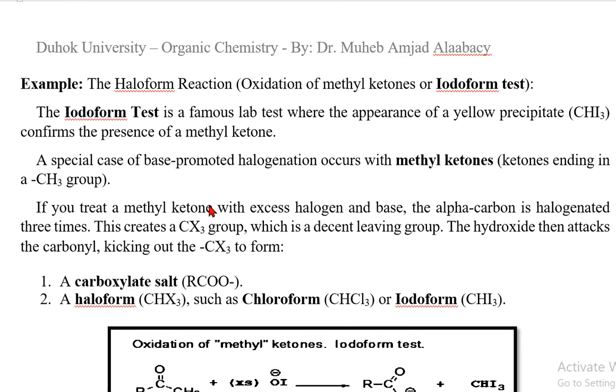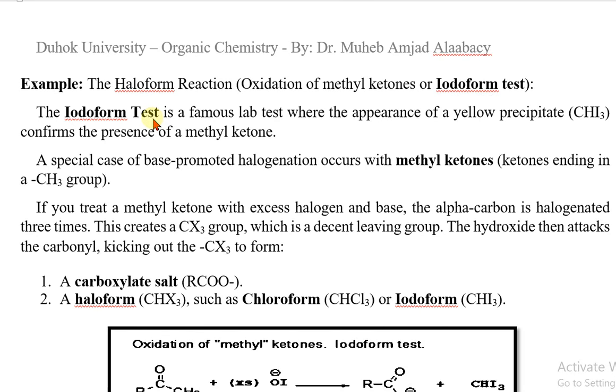An example of this reaction, which is also an important reaction in identification of methyl ketone compounds, is the haloform reaction, oxidation of methyl ketone, or the iodoform test. This is an important test for ketones to distinguish the ketone from other compounds.